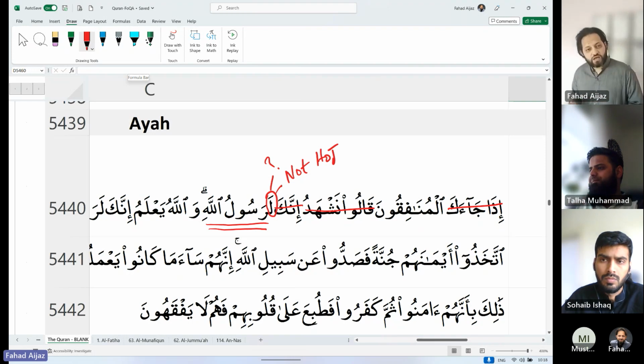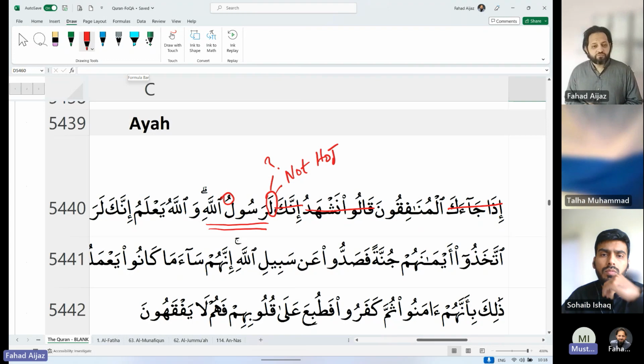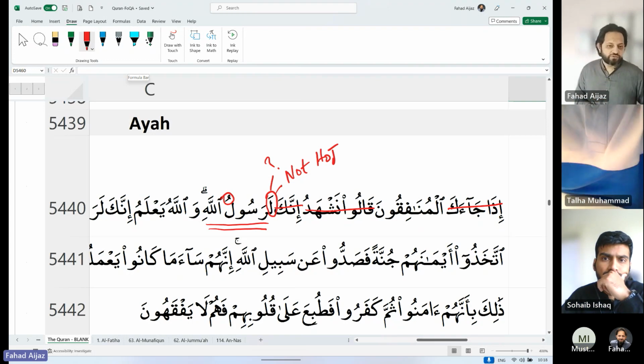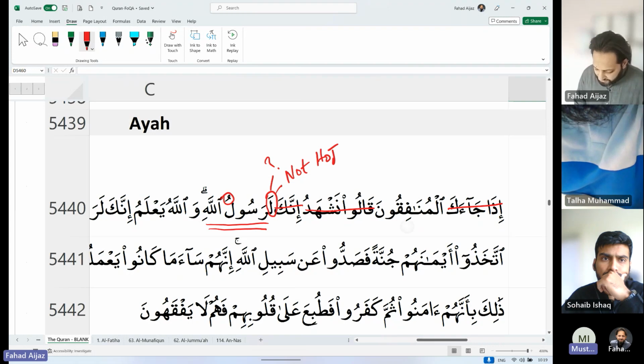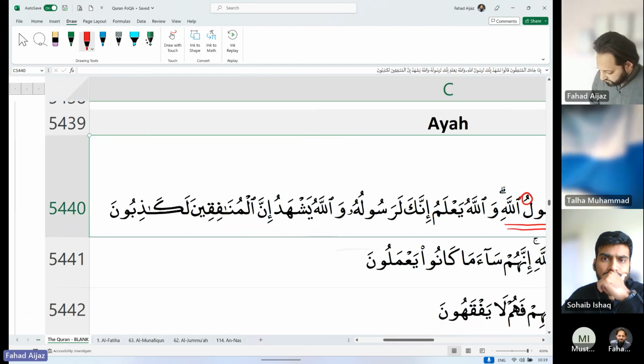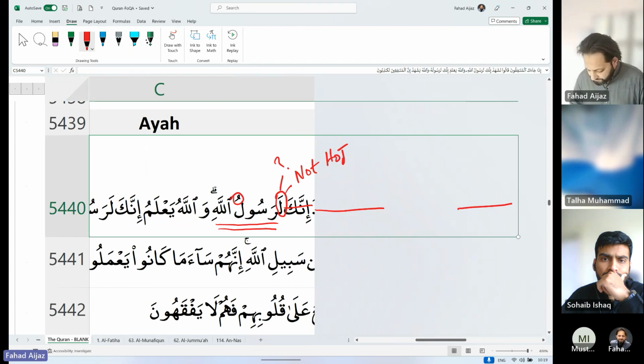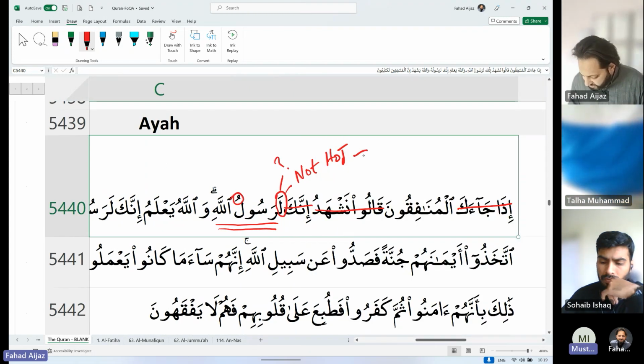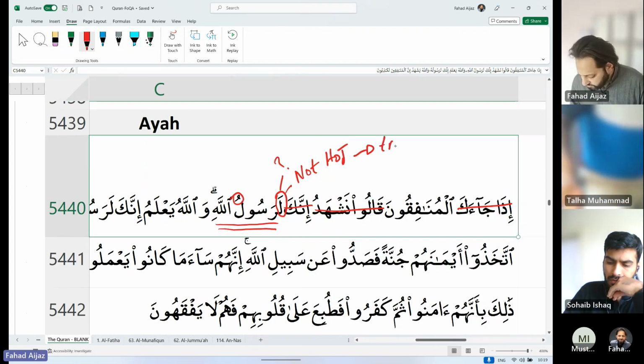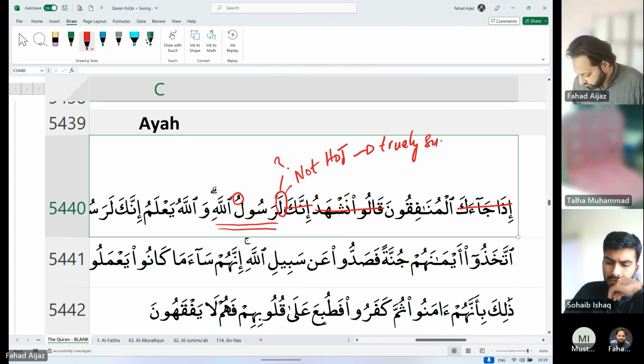How do you know if it is a lam of emphasis and not the harf of jar lam? The word Rasulu will tell you. If it was a harf of jar lam, Rasulu should have been in jar. This lam is an emphasis lam, and it's generally translated as truly or surely.